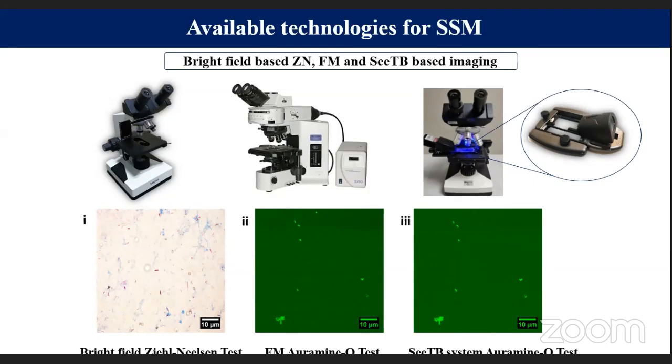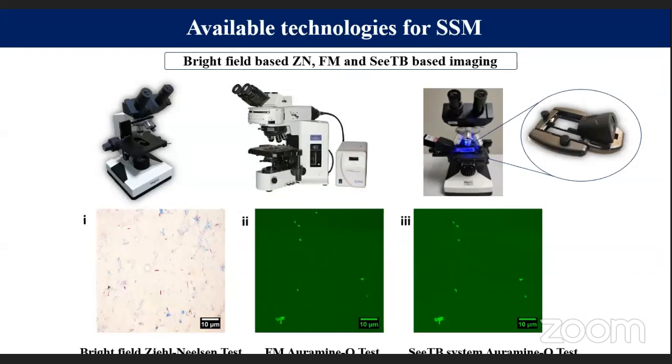Moving from this simple bright field microscope to a fluorescence microscope, if you take the cheapest or most economic one, it costs approximately 2.5 lakh rupees. So from this to this is a huge infrastructure cost which has to be borne by government and agencies which are planning to upgrade their existing microscopes.